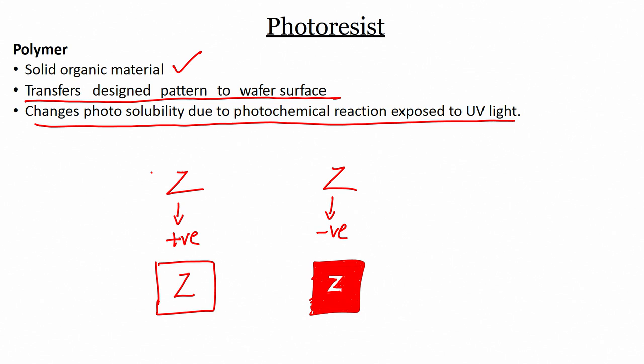That means that if I have this as a mask, and I have a wafer, and I have a square wafer, let us say like this, coated with photoresist.